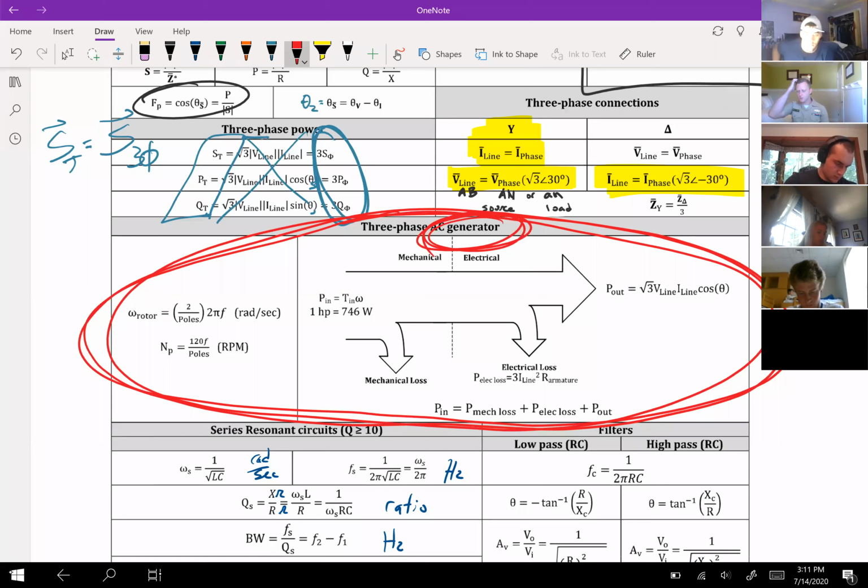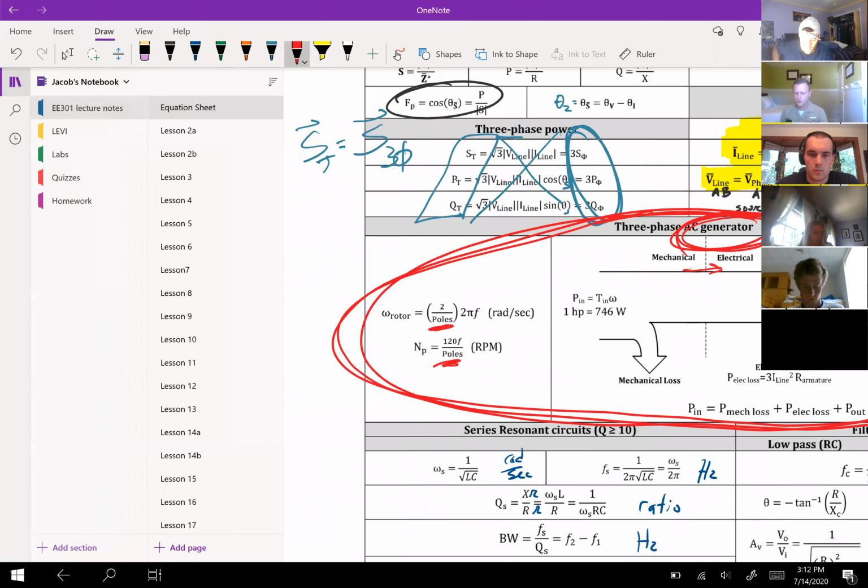If it's the only spot where the generator is discussed, it's probably the formulas that I need to know. And here's the term poles, right? That's telling us something about its speed based off how this generator is made up. And this generator is generating electricity, going from using mechanical energy to make electrical energy.